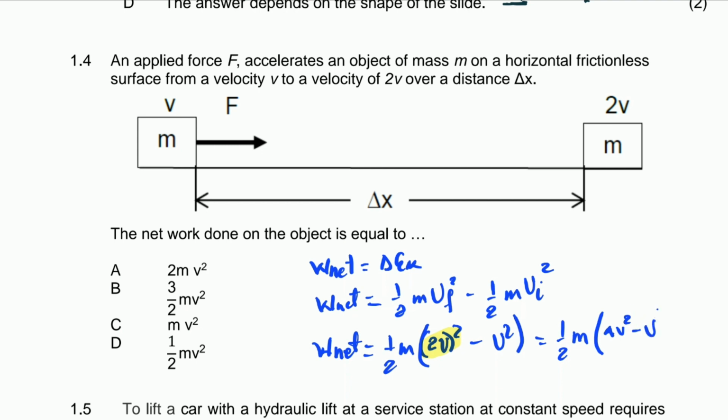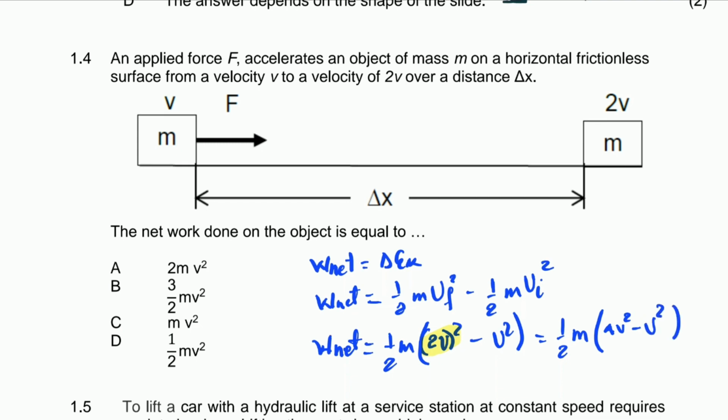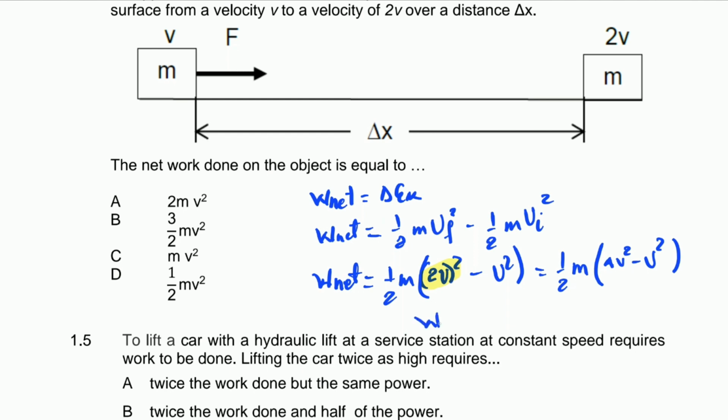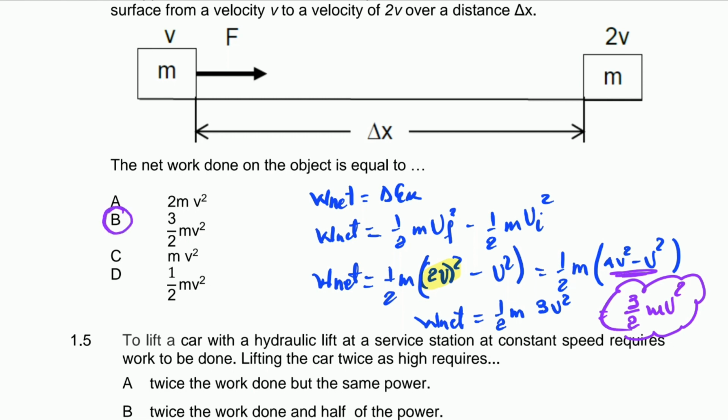So net work is equal to half mass times 3v squared. If you rearrange this, it is equal to 3 divided by 2 times mass times v squared. It's a very good question. That is what we have at the end, and therefore the correct answer is B.